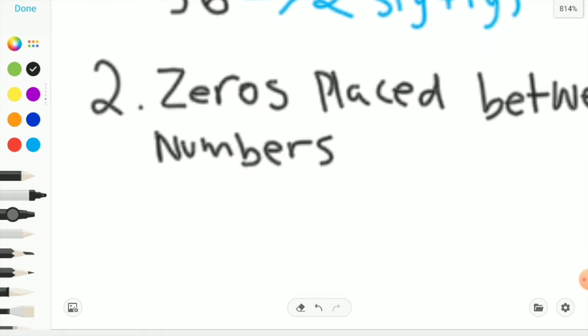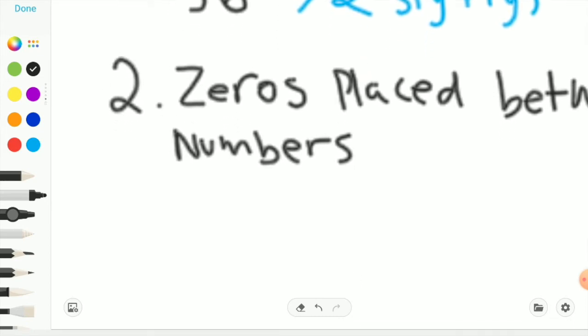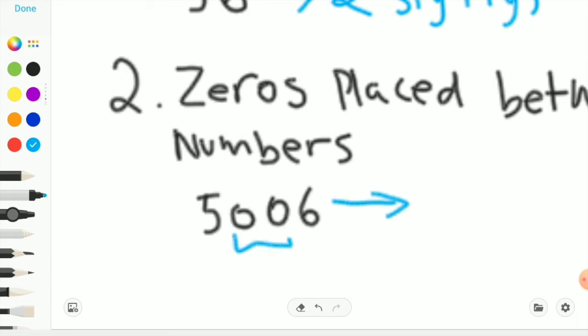So for example, if you had 5,006, these zeros count as significant. We already know that 5 and 6 are significant, and these two are also significant. It's like a sandwich, so everything in between the sandwich is going to be significant. So 4 significant figures here.